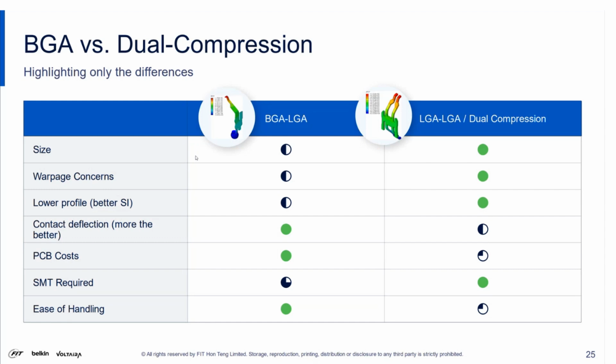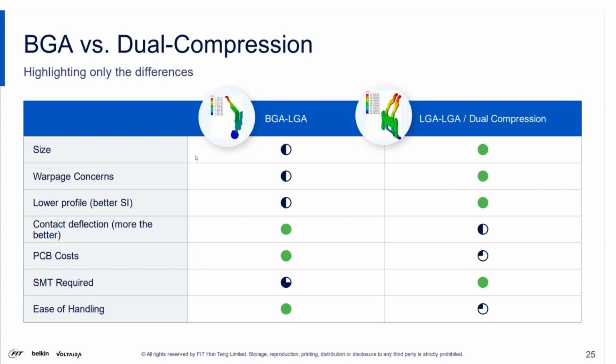SMT requirement: LGA to BGA requires SMT, which leads to higher energy costs at OEMs and ODMs. Again, energy use in green environments is always a continuing and growing topic in the industry. For dual compression, there's no SMT. It's all done at room temperature in a clean factory room environment.